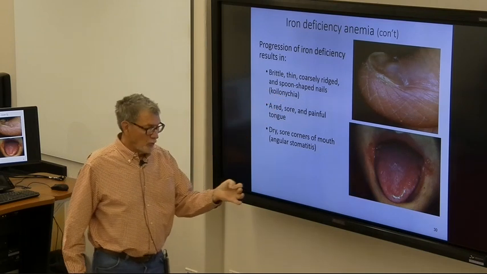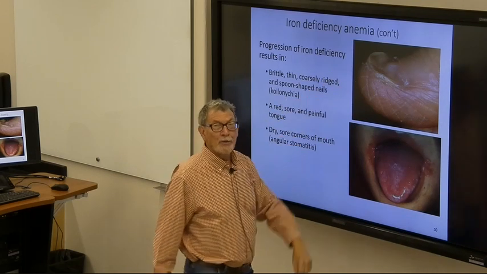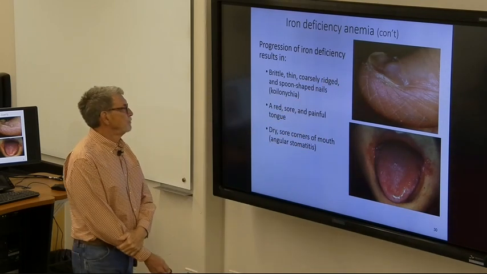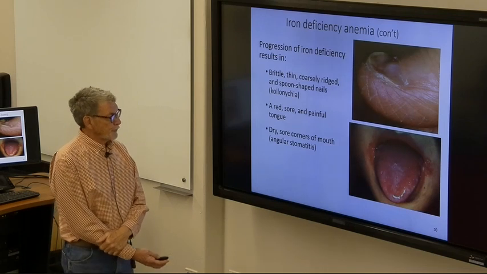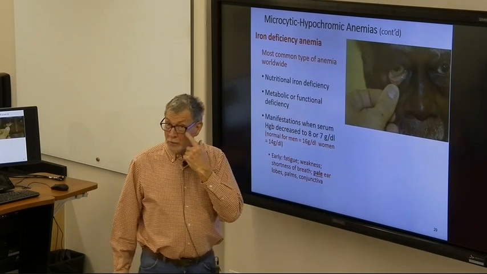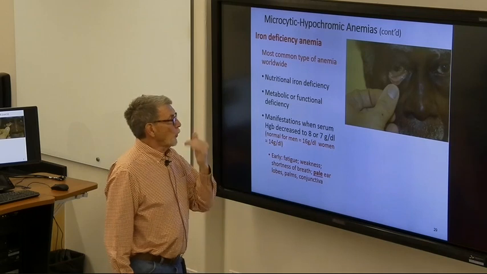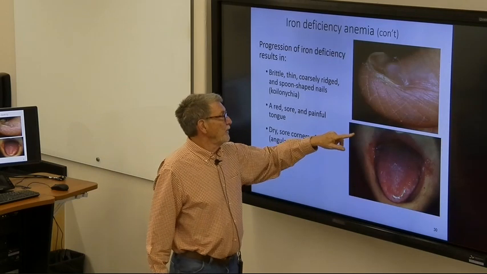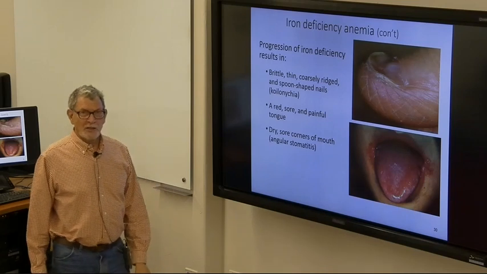Onycho is the term for nail. It kind of cups and scoops up. So if you have really pale conjunctiva, sores around your mouth, scooping thumbnails, take some iron.